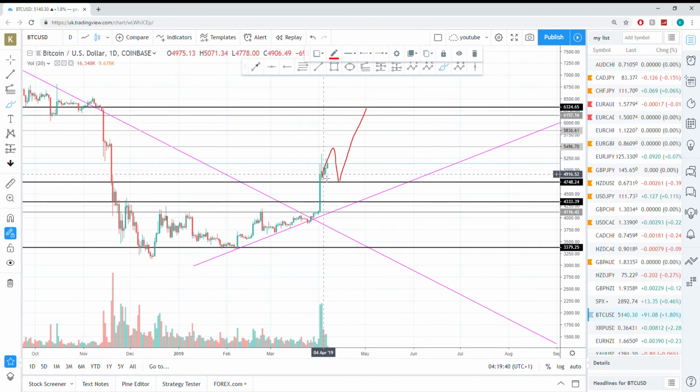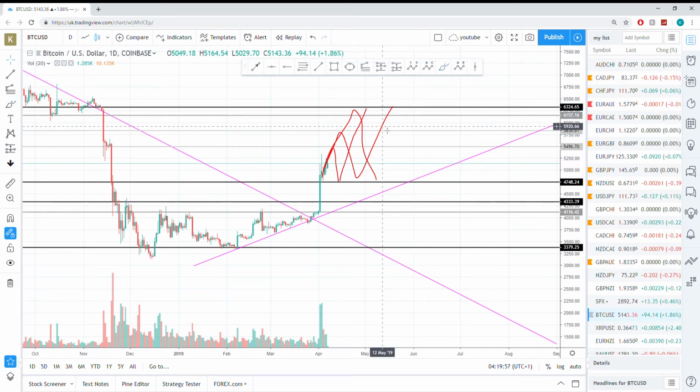The other scenario is we could get to here, boom, straight up, or it could just zoom all the way up here and come immensely back down. But that's the thing with cryptocurrencies, they're ridiculously volatile, so any of those scenarios could actually happen.